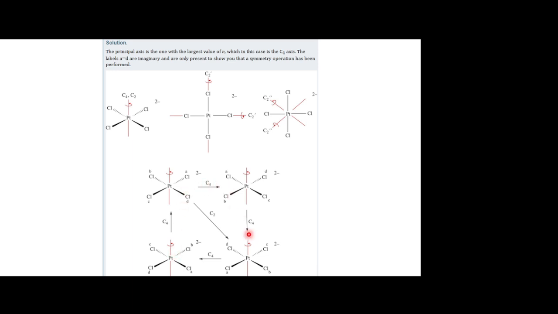Sorry, not 60 degrees each, excuse me. Divide by 4. 90 degrees each. So 90, 90 gives you 180, right? 90, 90 gives you 360. Back to identity. Okay.